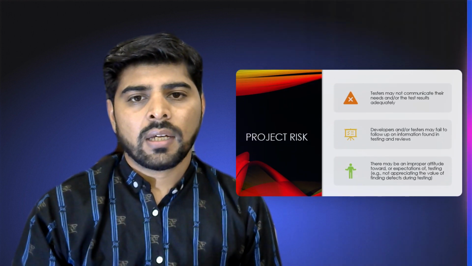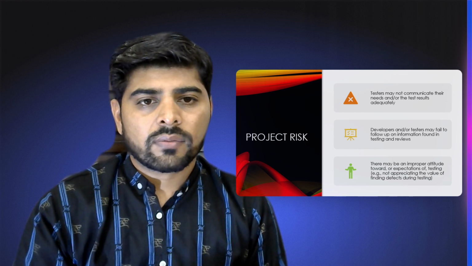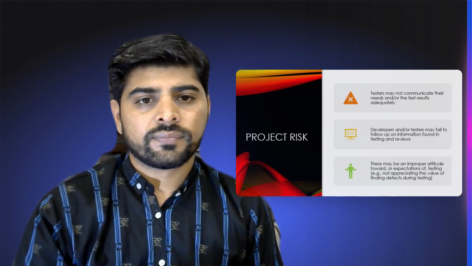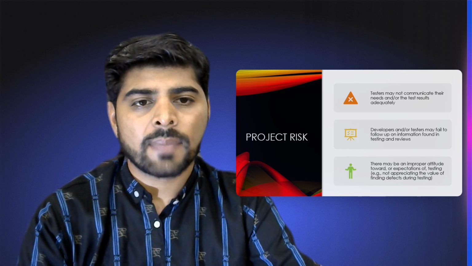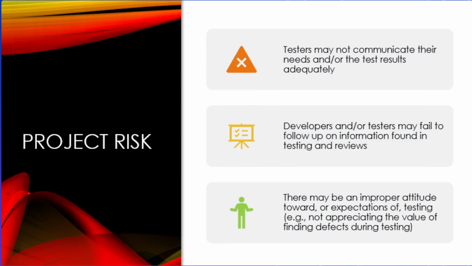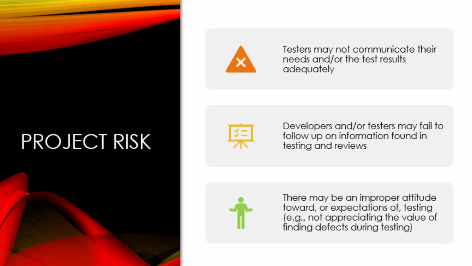In the project risks, there may be some improper attitude towards expectations of testing, for example not appreciating the value of finding defects during testing. Appreciation is very important. If testers are doing testing, they should be appreciated for their findings.